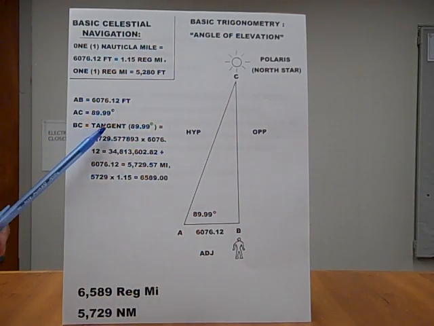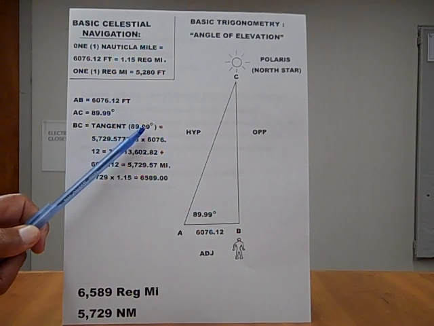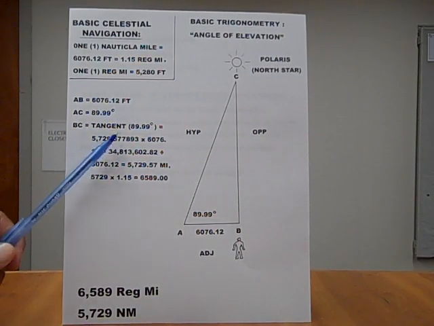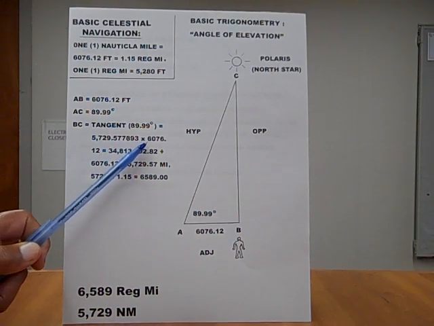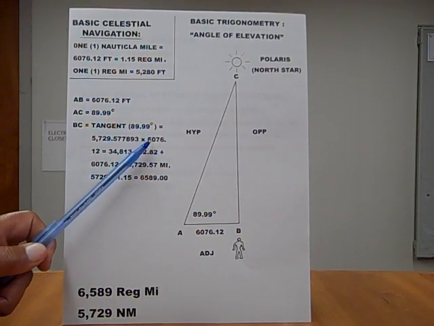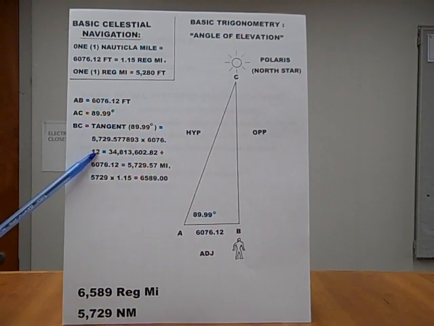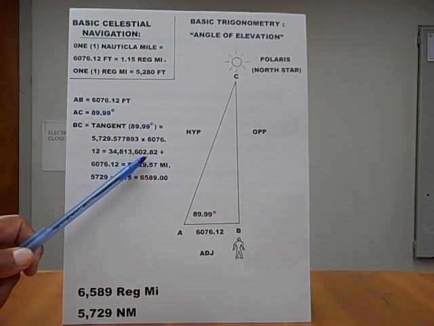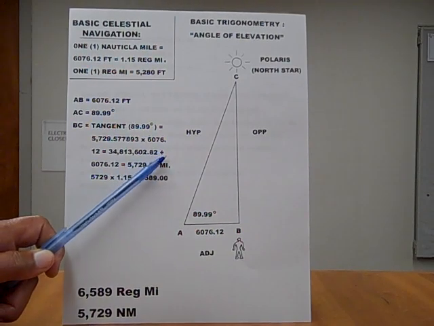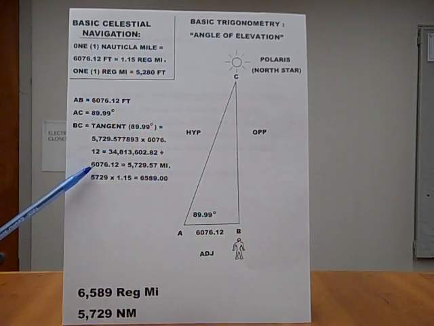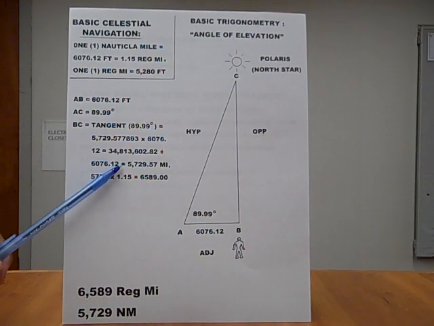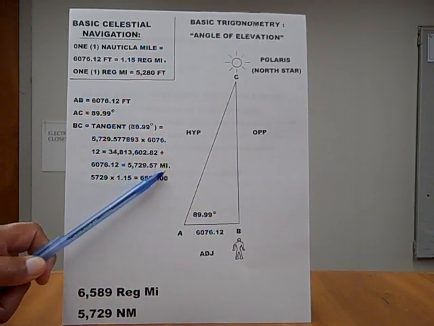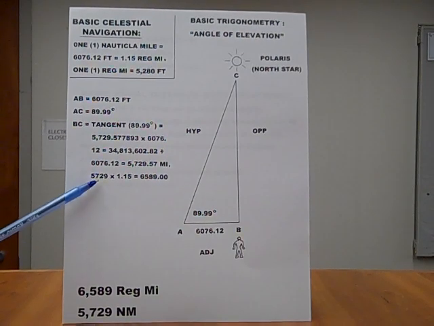B to C is equal to the tangent of 89.99 degrees, which equals 5,729.577893 times 6,076.12 feet, which equals 34,813,602.82 divided by 6,076.12 feet, which equals 5,729.57 miles.